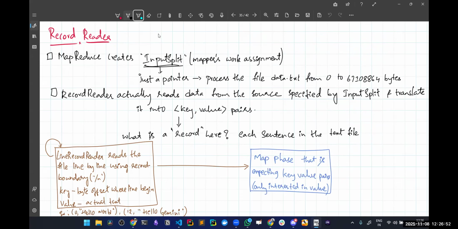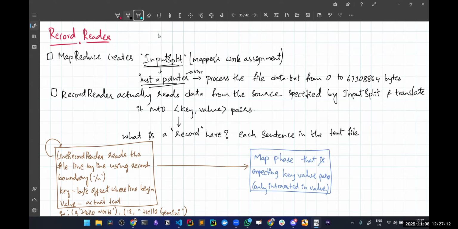Right. So now what happens when we are reading the data? What we have discussed about input split and all of that, right? So input split is just a pointer. It's just a virtual pointer.